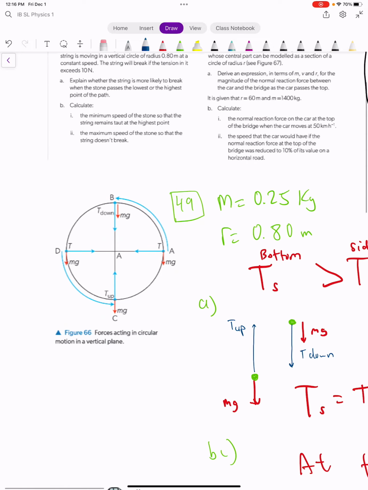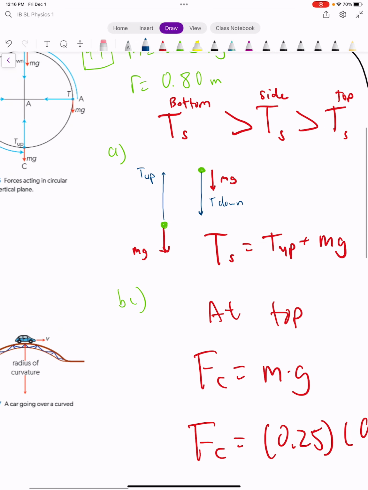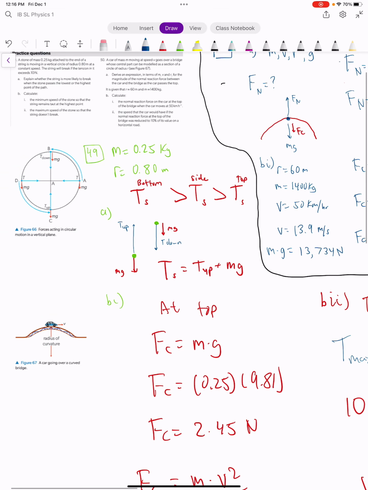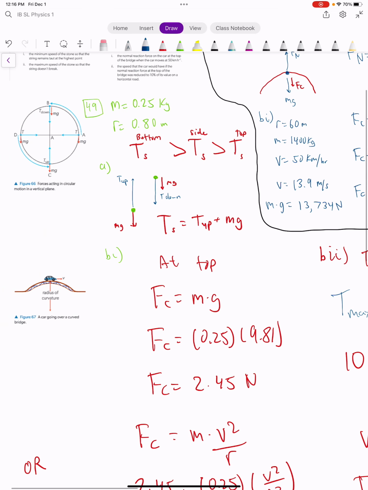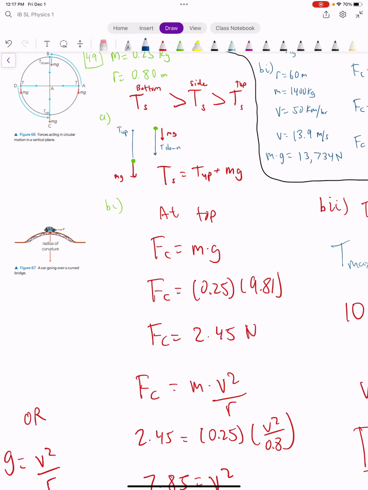All right. I've shown some work here. So the centripetal force is equal to the mass times the gravity. At the top, if you consider that there doesn't need to be any tension, just the gravitational force is the centripetal force.